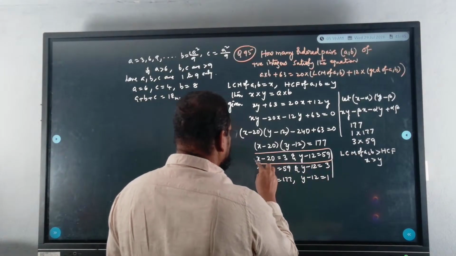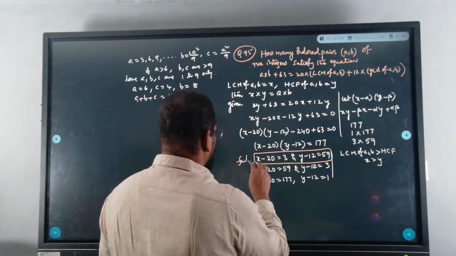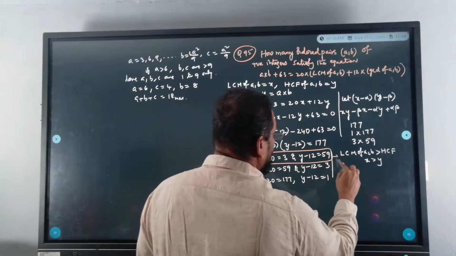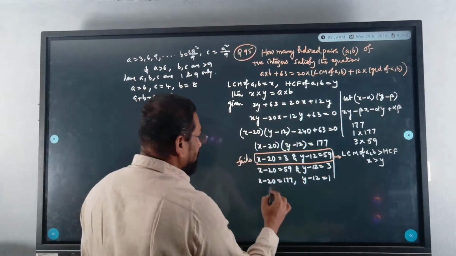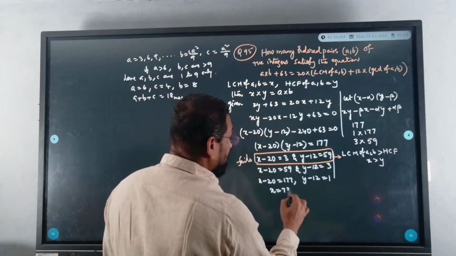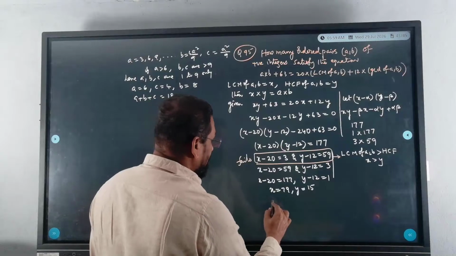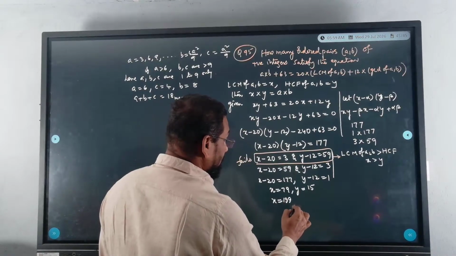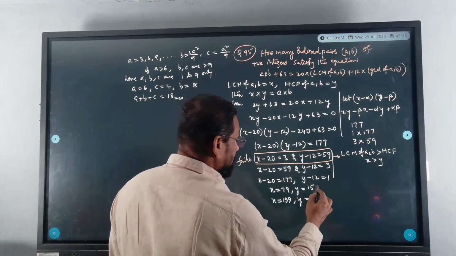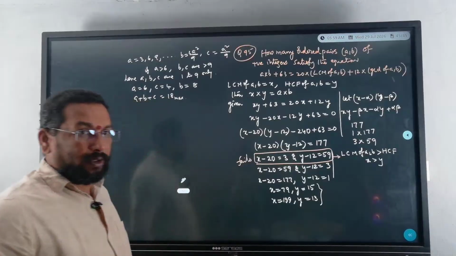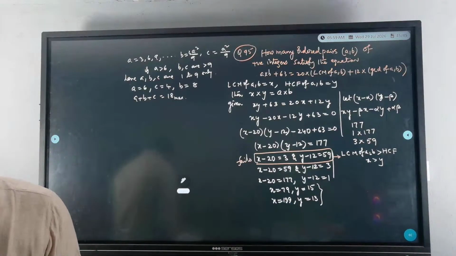This case fails by using this property x greater than y. So here x is equal to 79, y is equal to 15, and x is equal to 199, y is equal to 13. These two are the possible pairs.